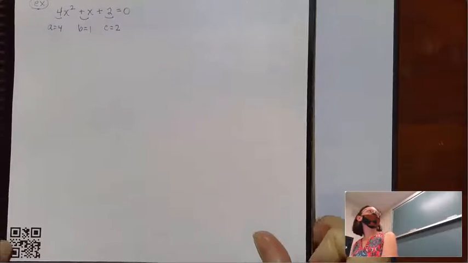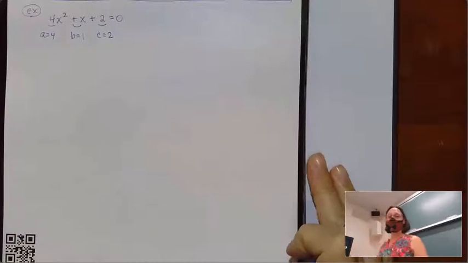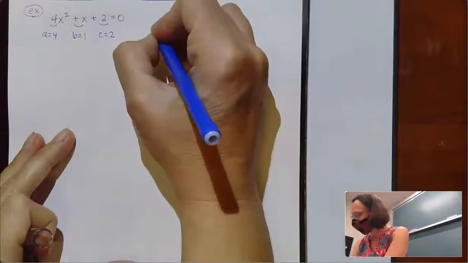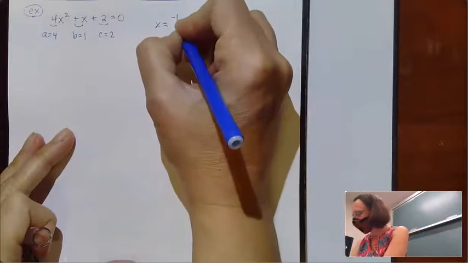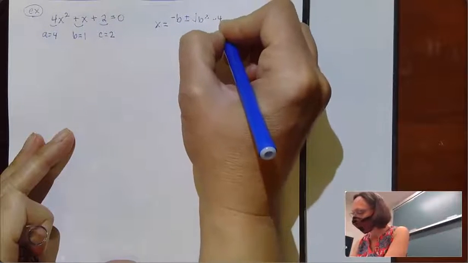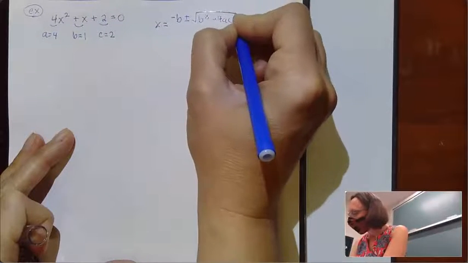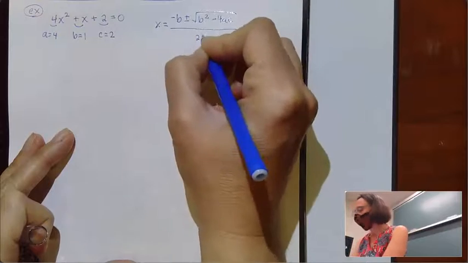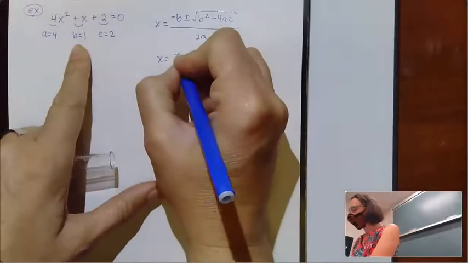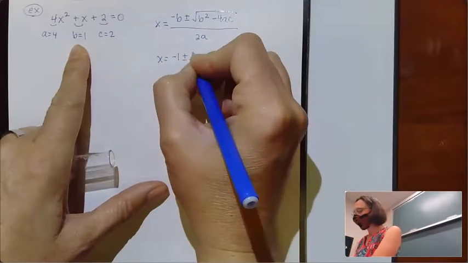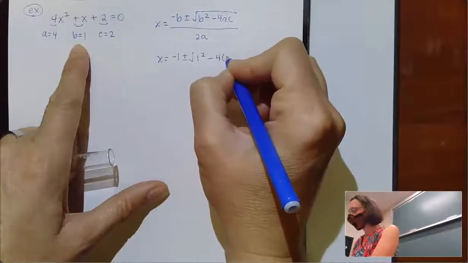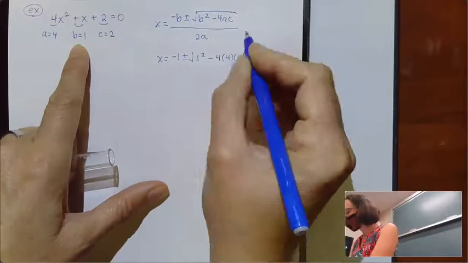If you don't have that quadratic formula memorized yet, here's your chance to practice writing it out again. I'll just keep writing it over and over. Got -b plus or minus the square root of b squared minus 4ac all over 2a. So if I plug this in, I'm going to have -1 plus or minus the square root of 1 squared minus 4 times 4 times 2.